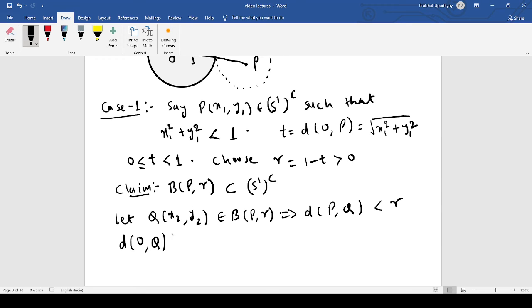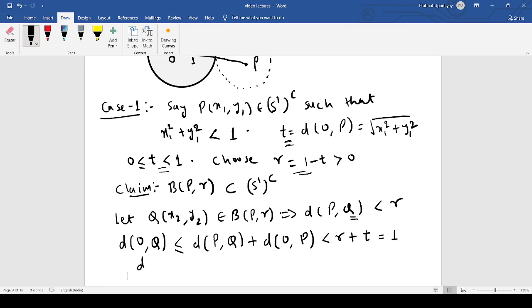If I make use of the triangle inequality, I can say this distance is less than or equal to the distance between P and Q plus the distance between 0 and P. Now from here, I know the distance between P and Q is strictly less than R, and the distance between 0 and P I have taken is equal to T. So the distance between P and Q plus the distance between 0 and P is less than R plus T. But R plus T is equal to 1.